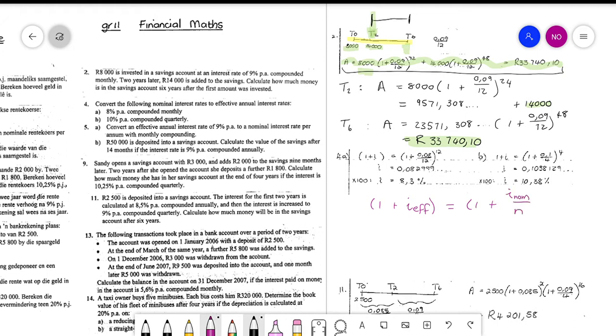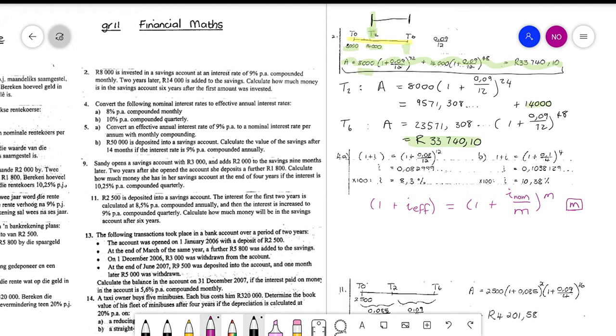Okay, good. So that is the formula waarmee jy werk, en M is equal to, if it's monthly, then it will be 12. If it's quarterly, then it will be 4. If it's half year, semi-annually, then it will be 2. Okay, so M is afhangend van hoe hulle vir jou sê dit saamgestel word, verander dit.